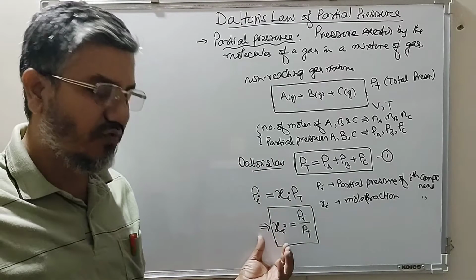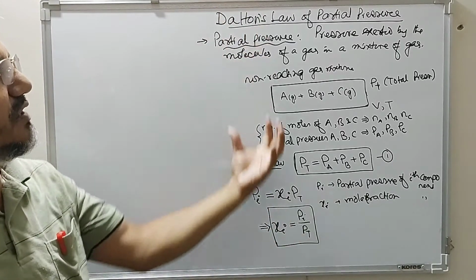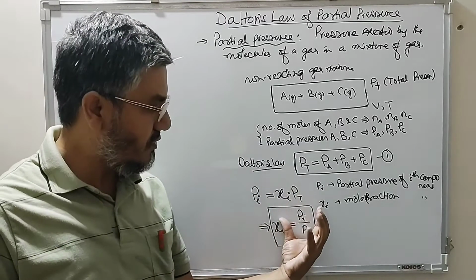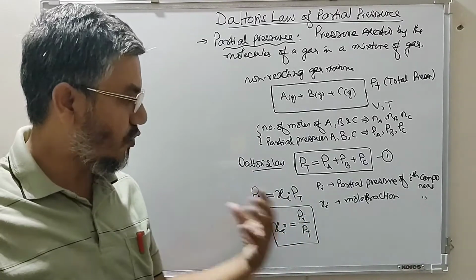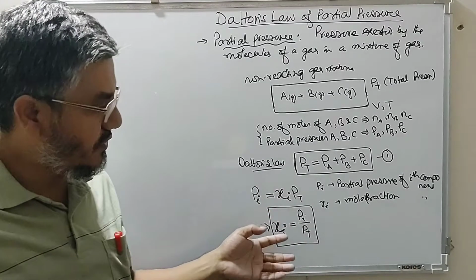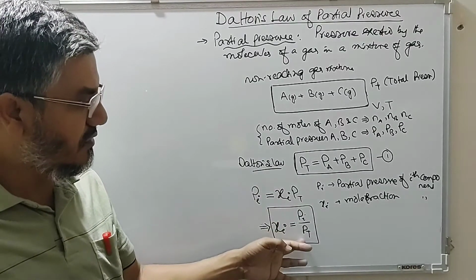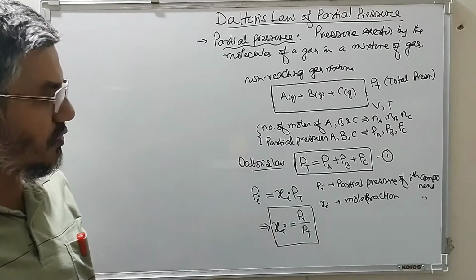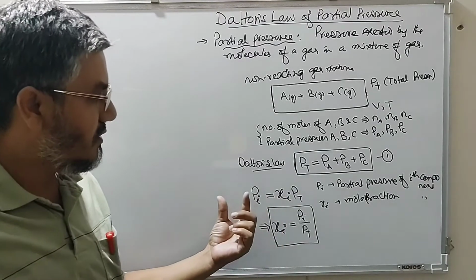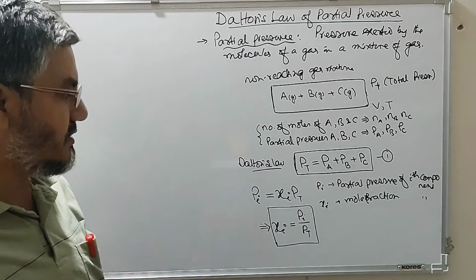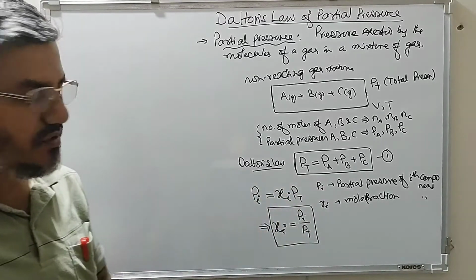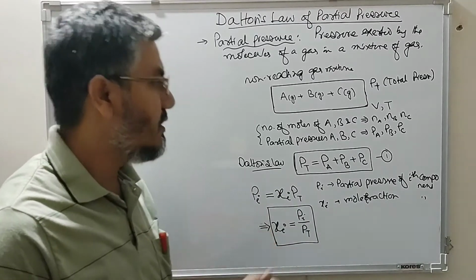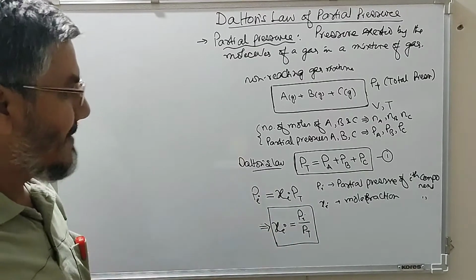But in terms of Dalton's law of partial pressure, if the pressure of the individual gas and the total pressure are known to you, then the ratio of partial pressure to total pressure is also defined as the mole fraction. So this is the relation between mole fraction and the partial pressure of the individual gas. Partial pressure is mole fraction times the total pressure, or the mole fraction is equal to partial pressure divided by the total pressure.